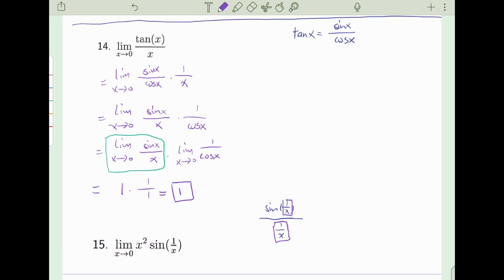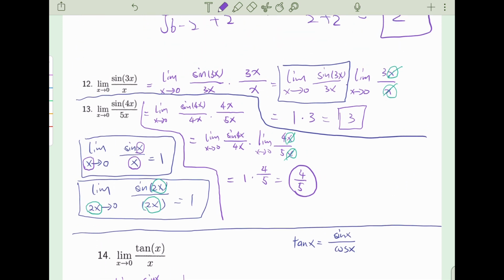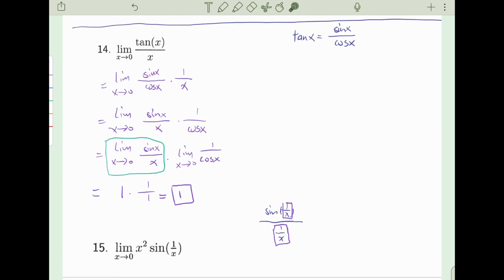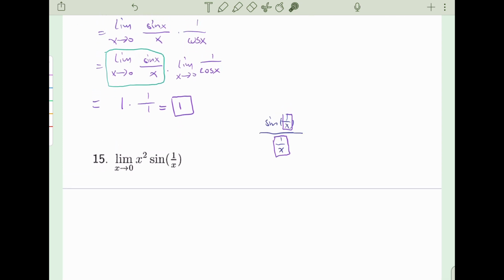So you see in our previous example, the thing inside the form, 2x, 3x, or this x, they all go to 0. So the stuff that is being applied always goes to 0.